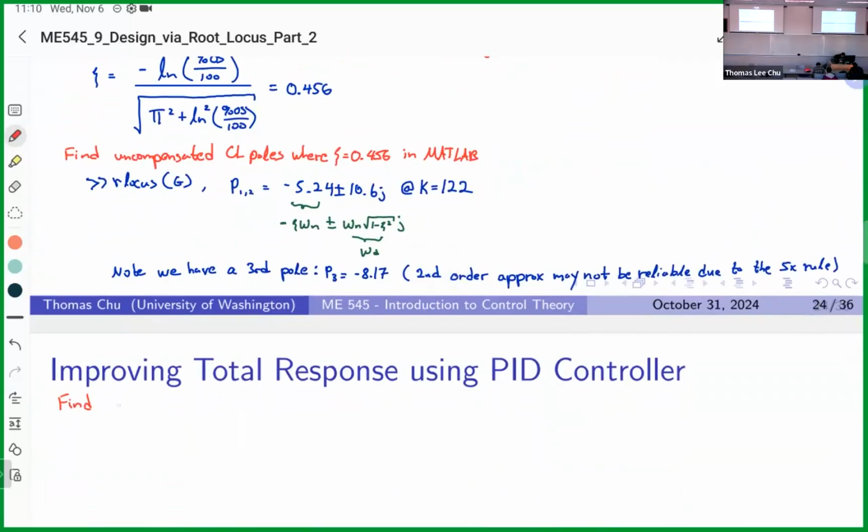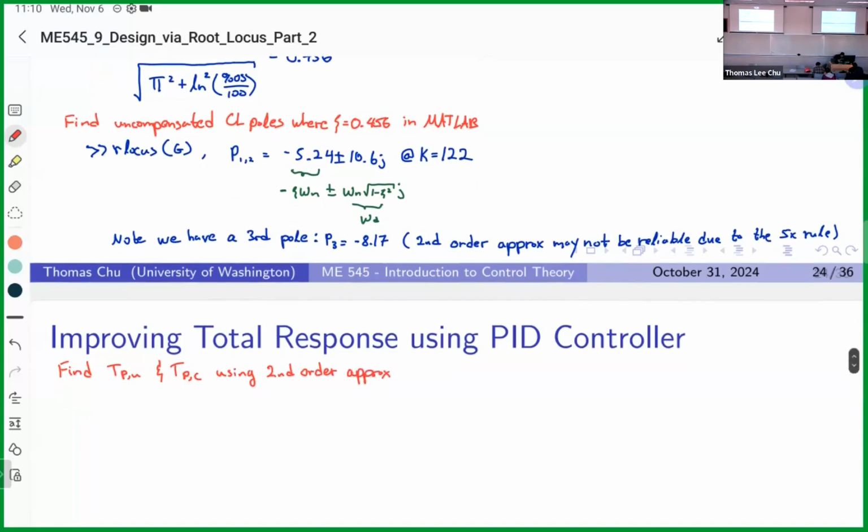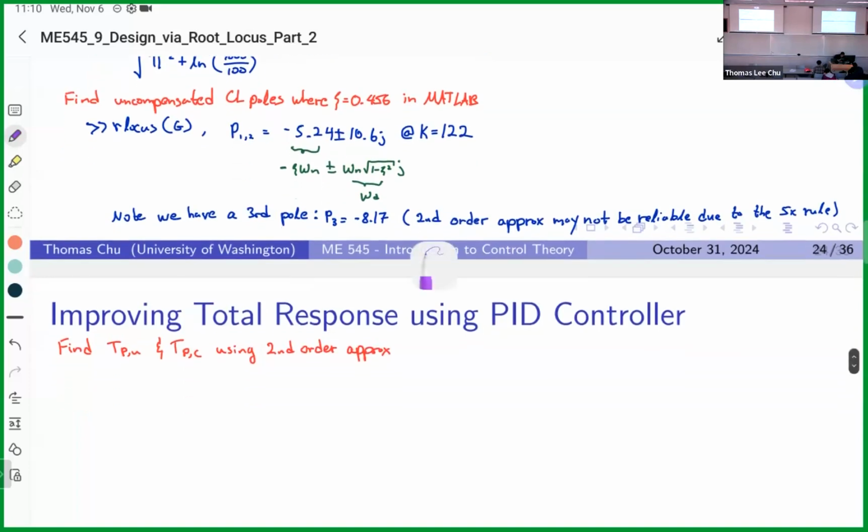Find TPU and TPC using second order approximation. So TPU is going to be equal to pi divided by the damped frequency.